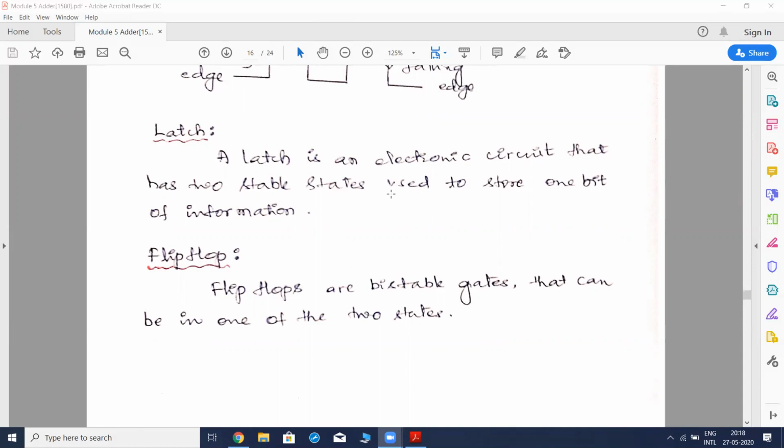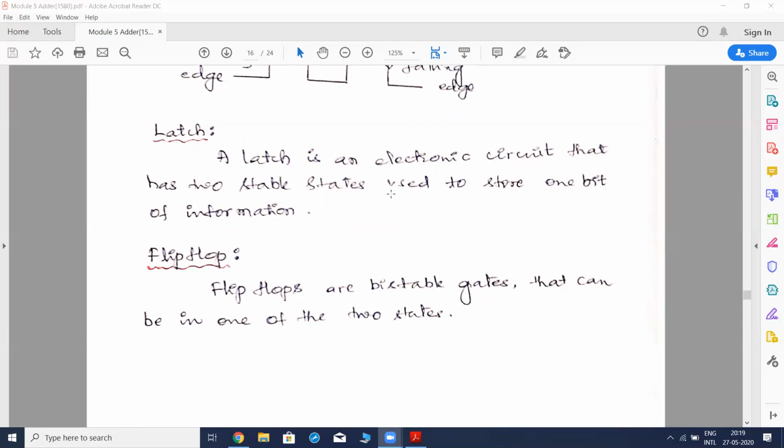A latch is an electronic circuit that has two stable states. Two stable states in the sense that either it can store 0 or it can store 1. So that is the one bit of information that it can store. In order to store one bit of information, it must have two stable states.